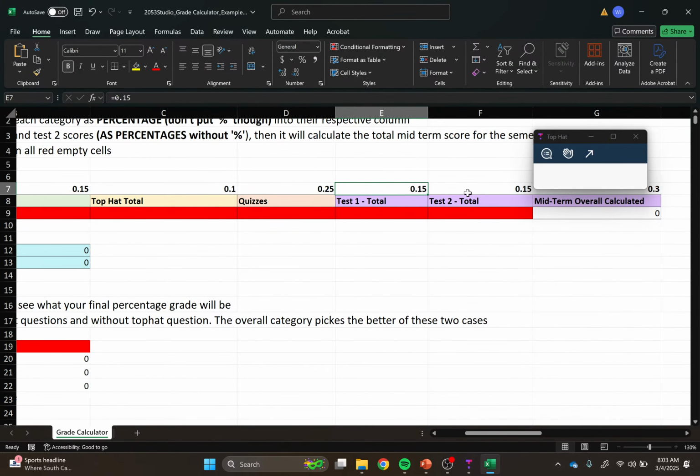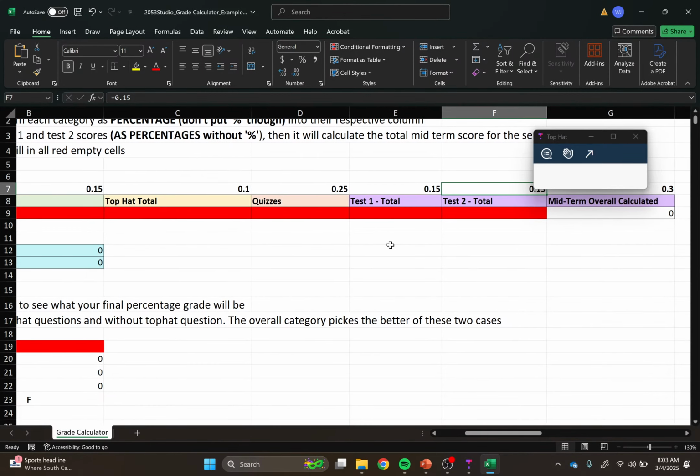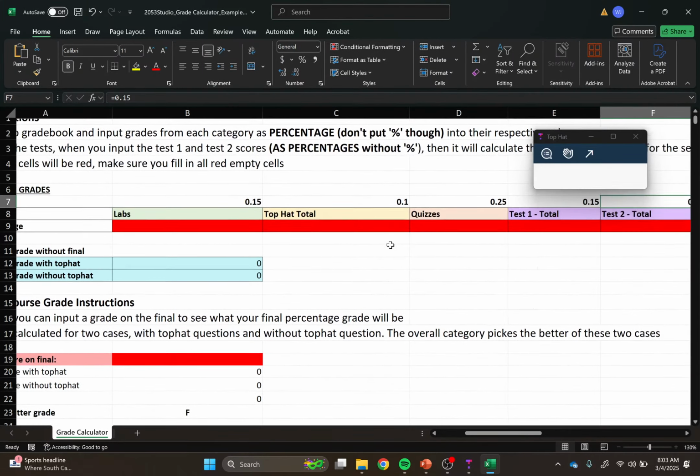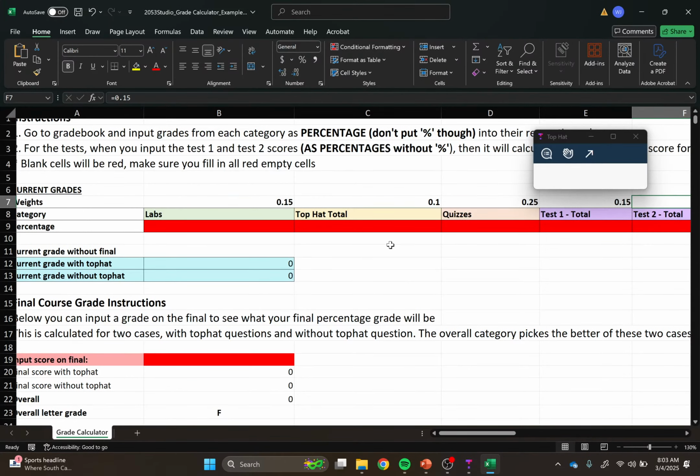Test 1 is 15%. Test 2 is 15%. And the final is worth 20%. Each of those is a percentage. If you go to WebCourses, there should be a column in your grades that says how much percentage of lab points, Top Hat, and quizzes you have.